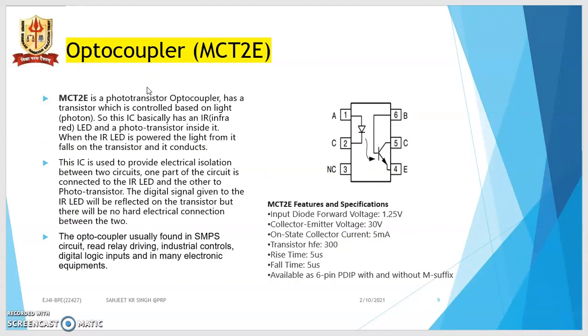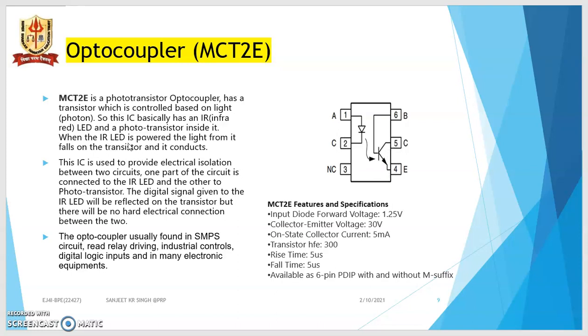Next is the optocoupler MCT2E. Here we see the pin diagram. It is a 6 pin IC with an infrared LED connected between pins 1 and 2, and a photosensitive transistor connected between pin number 6 as base, 5 as collector and 4 as emitter.